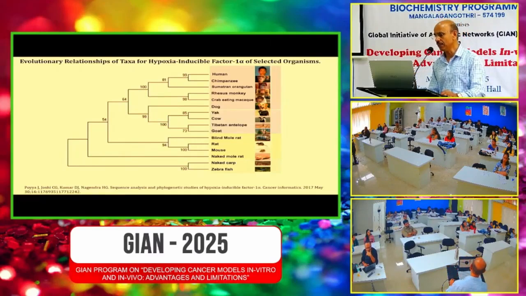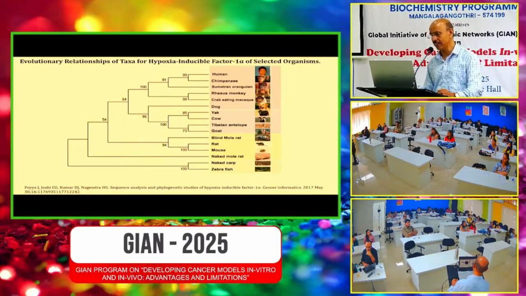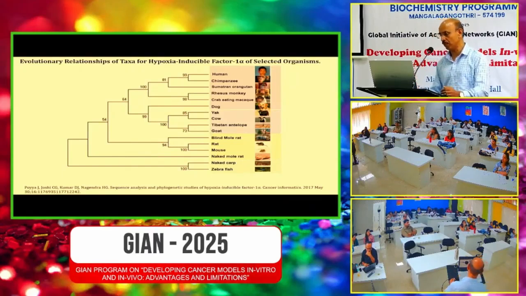And we could see that the yak, cow, Tibetan antelope, goat and all belong to the same category. Interestingly, you can see that the blind mole rat and mouse are in one category, and the naked mole rat deviated in its relation or similarity when compared to the others.